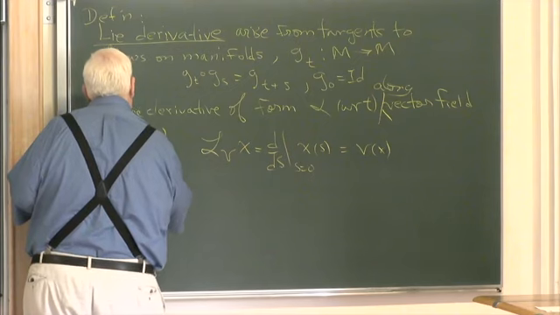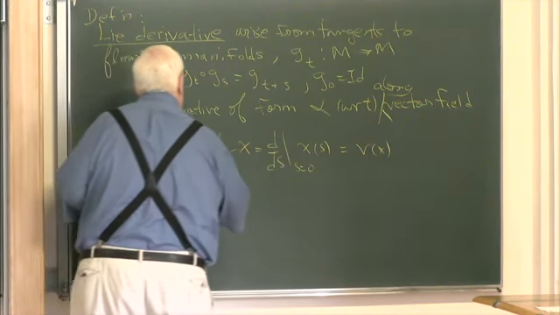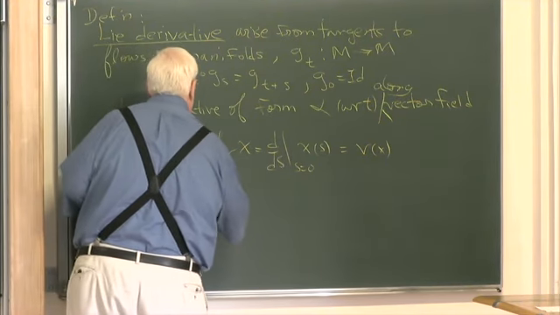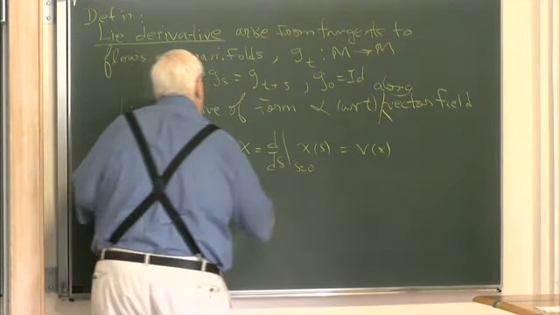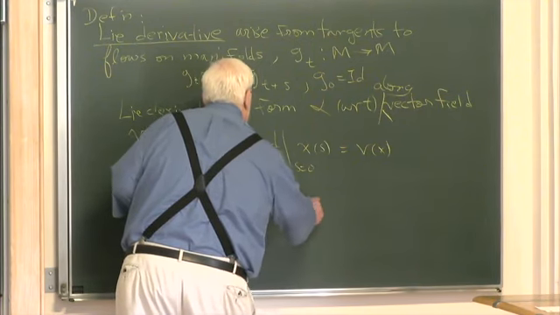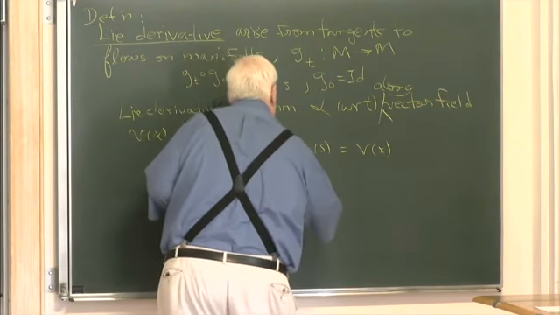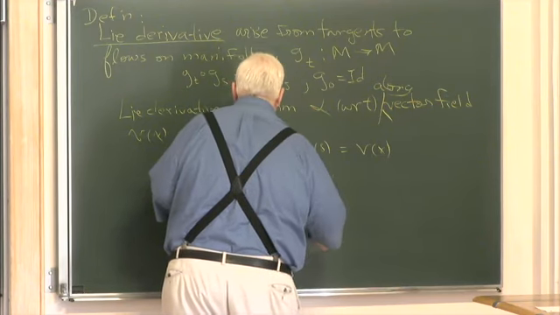So for alpha, let's just write down what it is for alpha. The Lie derivative with respect to v for some form alpha is d by ds at s equals 0 of gs star alpha.